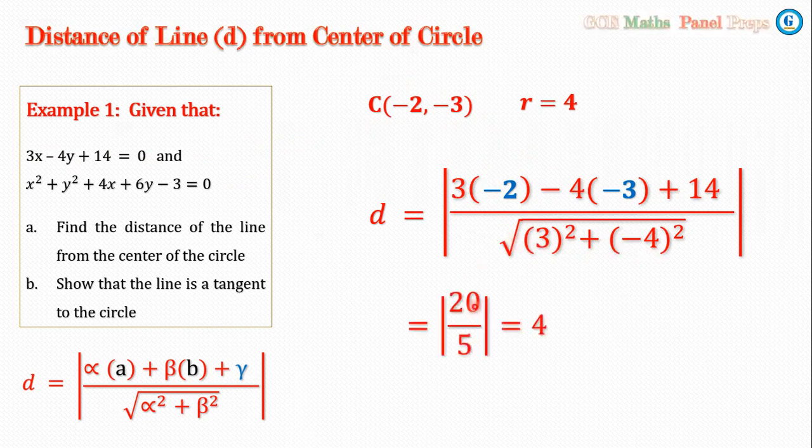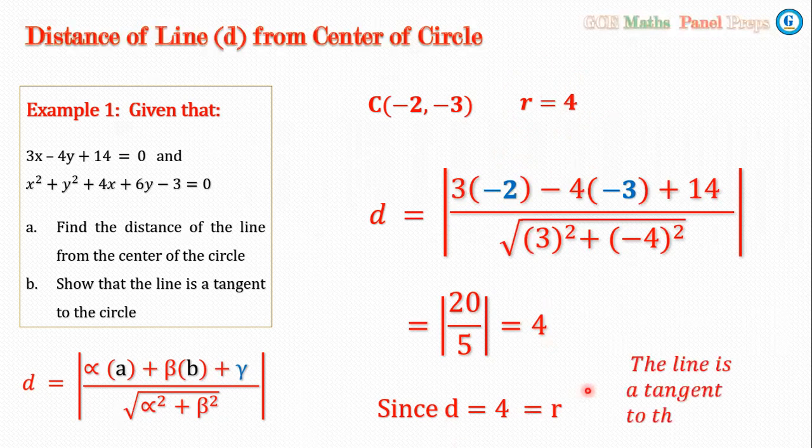This gives us 20 on 5, which is 4. And the radius of this circle is 4, as we just saw. So the distance equals the radius, and therefore this line is a tangent to this circle.